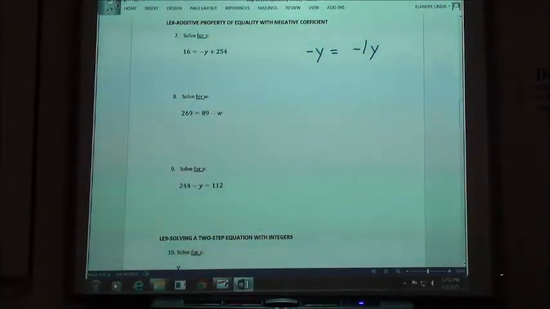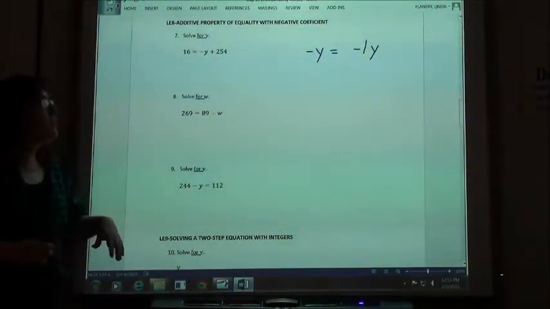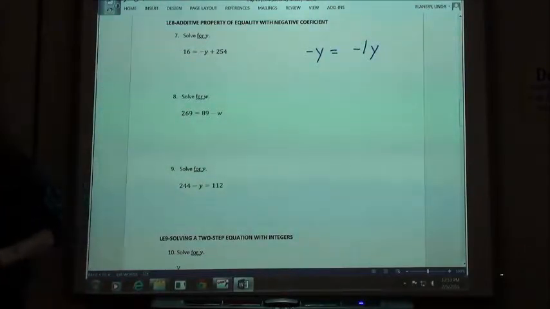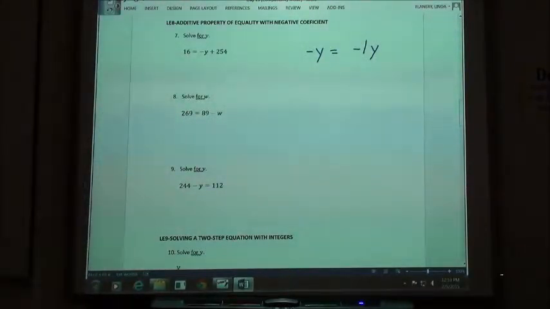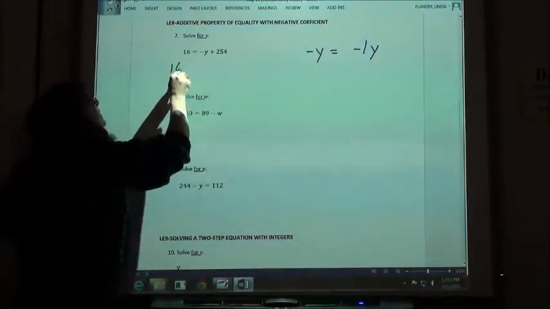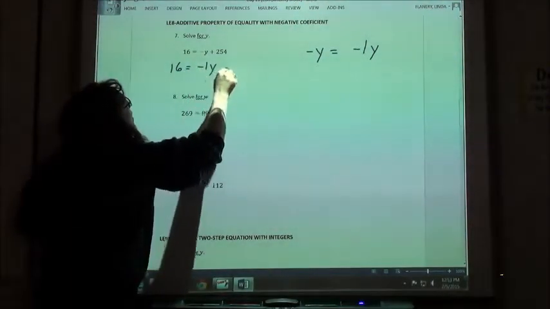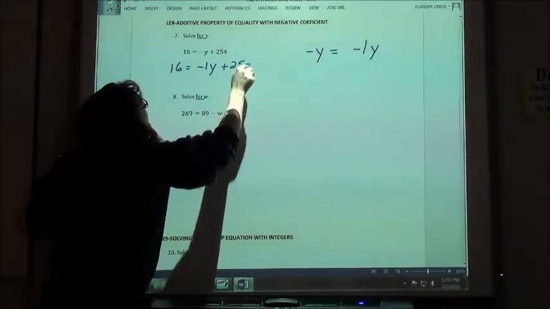Negative y is negative 1y and positive y is 1y, but they don't allow that on the final answer. But when we do our work, we can put the ones there to remind ourselves because it's easy to forget. So I'm going to rewrite this and say that it's 16 equals negative 1y plus 254.